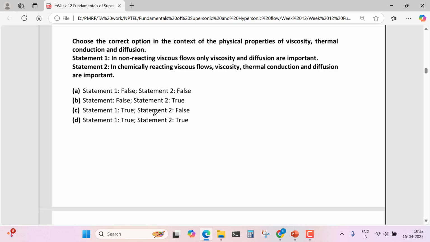Option A, statement 1 false, statement 2 false. Option B, statement 1 false, statement 2 true. Option C, statement 1 true, statement 2 false. Option D, statement 1 true, statement 2 true. So what will be the answer for this problem?